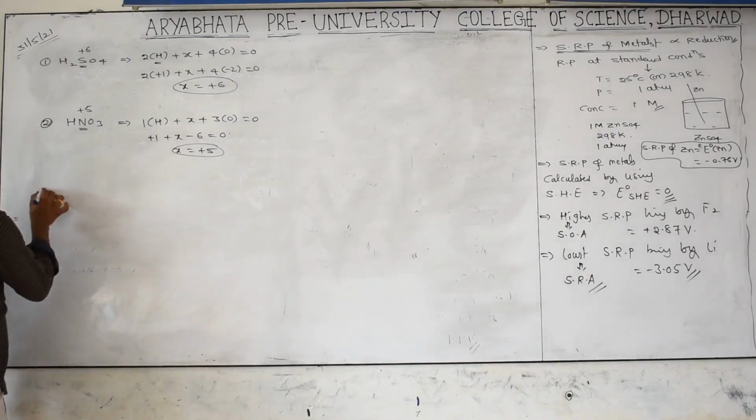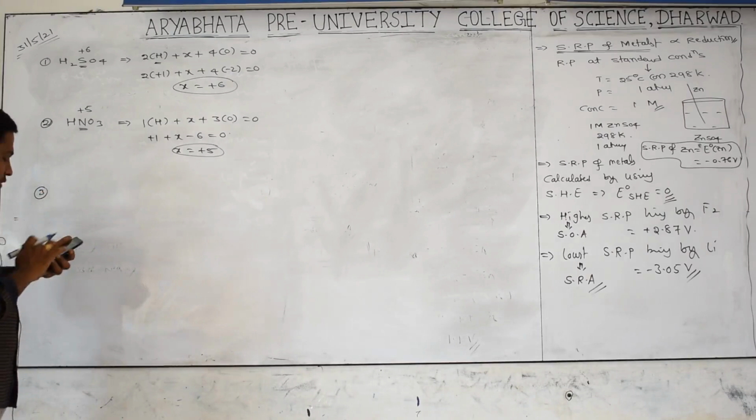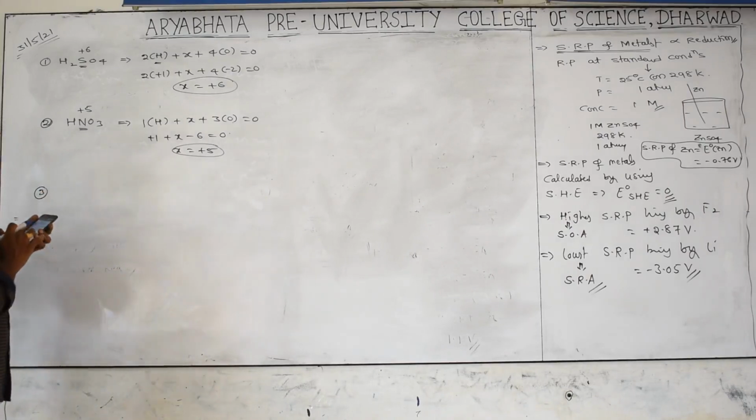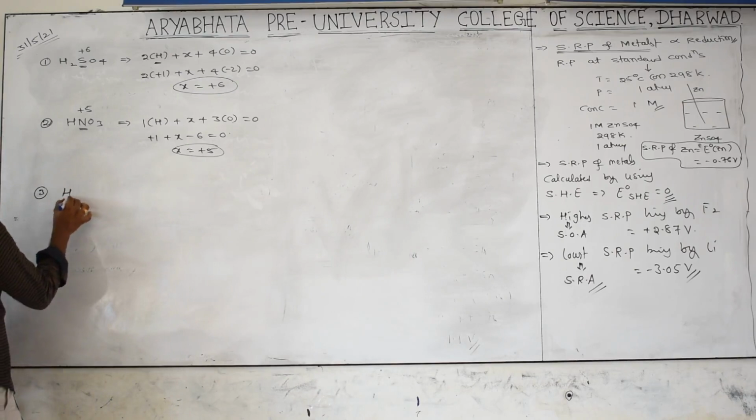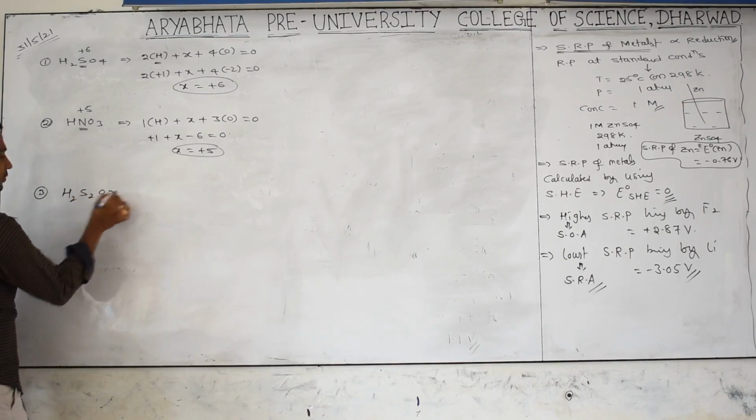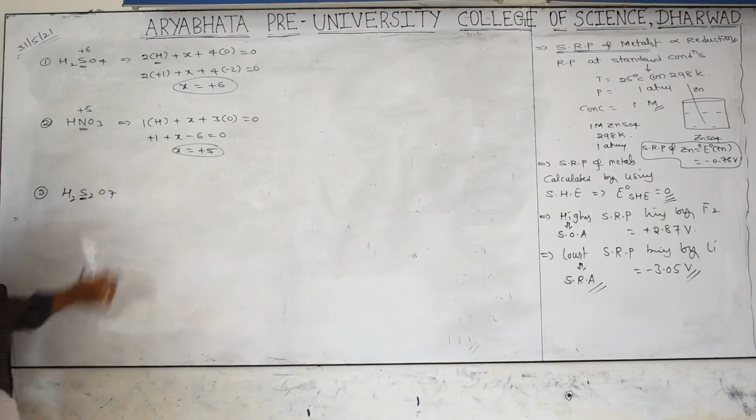You can see another example, just go through this concept. H2S2O7. I want to find out the sulfur oxidation number.